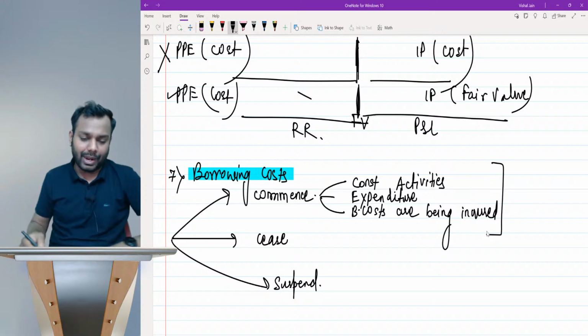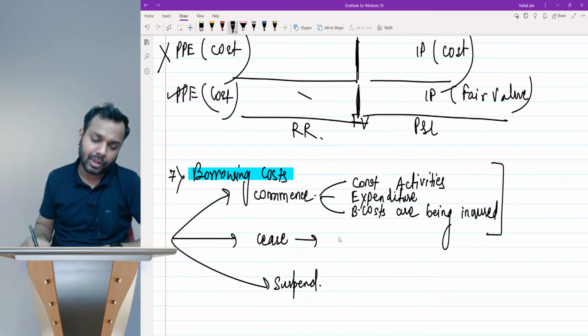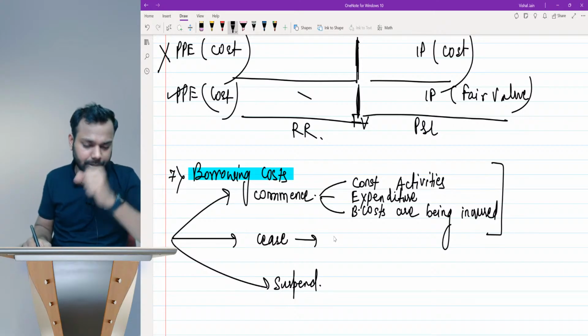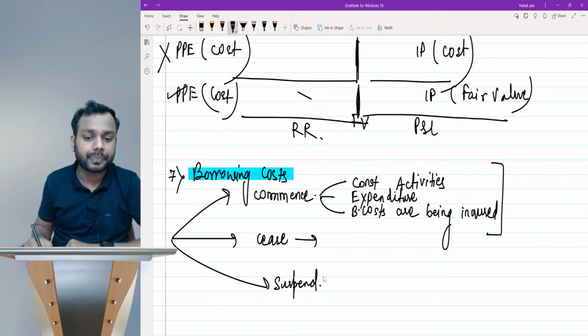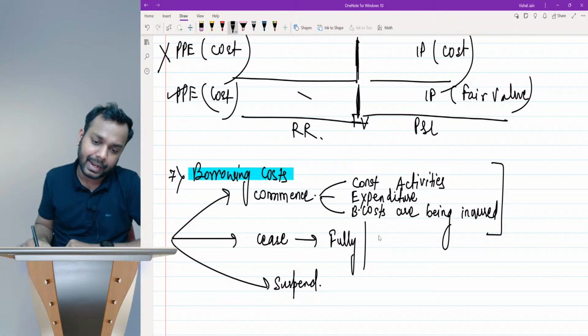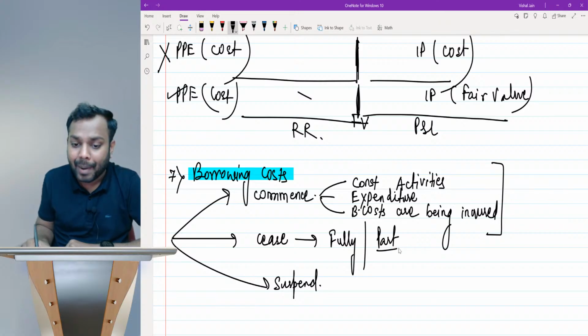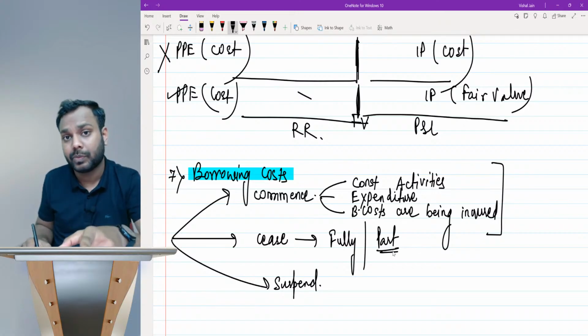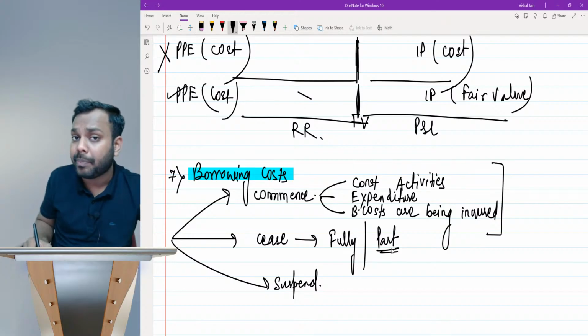So we can write: cease when the asset is completed either fully or in part. For that part we can cease the borrowing costs. For the part which is not yet complete, we can continue capitalizing the borrowing costs.